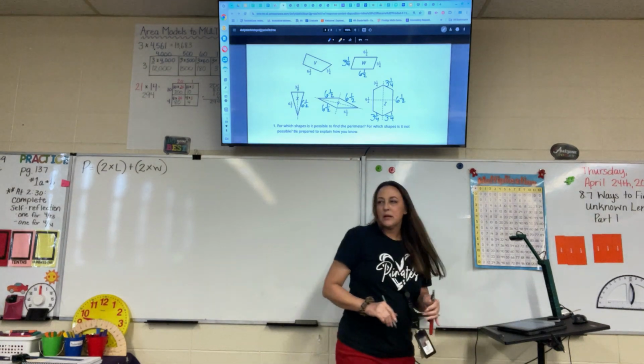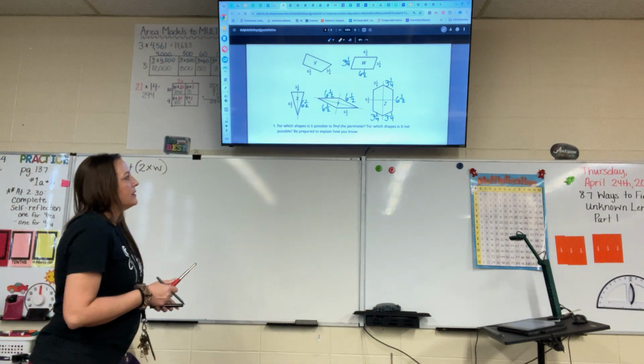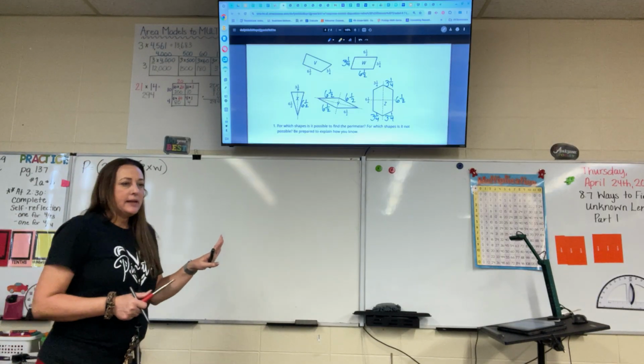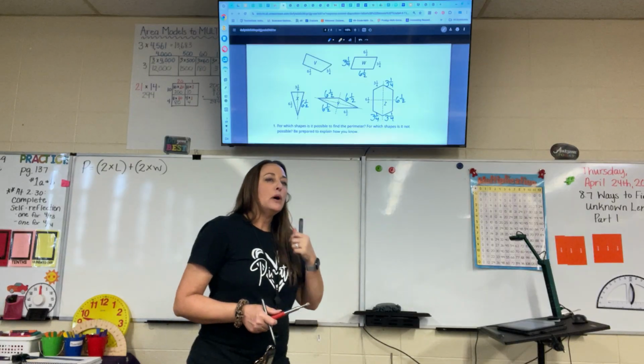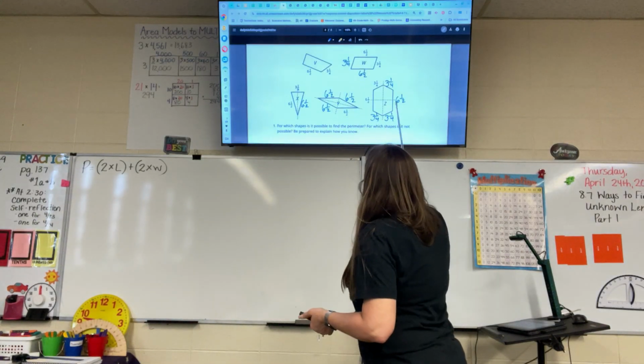Okay, so we plugged all the missing values in. At the bottom, there are 4 expressions, and we've got to see which one matches with each of these figures.